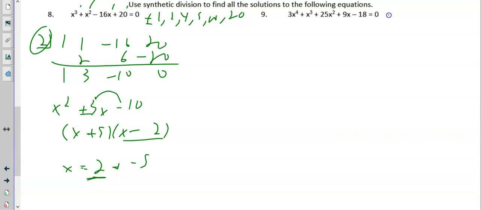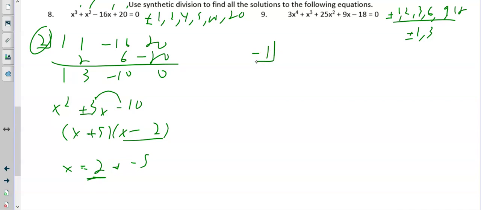again here, I would have plus or minus 1, 2, 3, 6, 9, 18, all over plus or minus 1 and 3. So there's a lot of different possible answers here. I'll tell you right now, the only one you see on your calculator is negative 1.